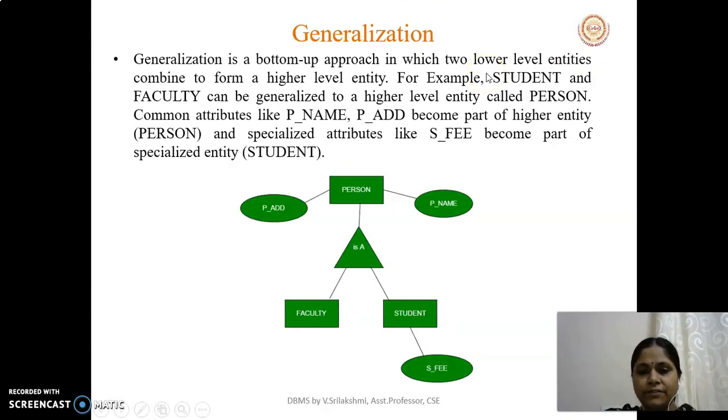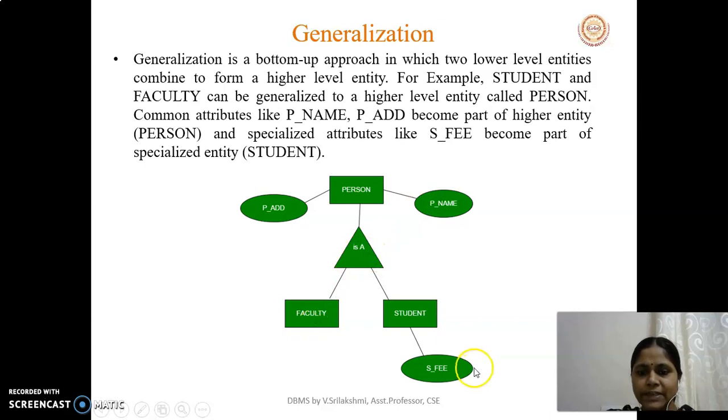So in the very first, I will be explaining what is generalization. Generalization is a bottom-up approach in which two lower level entities combine to form a higher level entity. For example, we can see in this diagram, the student and the faculty can be generalized into a higher level entity called person. The attributes of person here are PAD and PName, which are the person address and the person name.